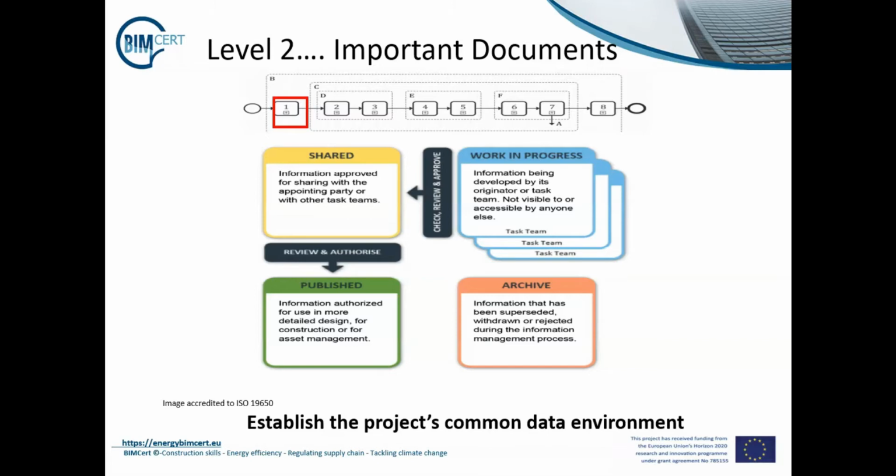Essentially, at this stage, what we are doing is establishing the project information protocol. This enables the information model to be progressed by the next delivery team. But one of the key requirements is the establishment of a project's common data environment.